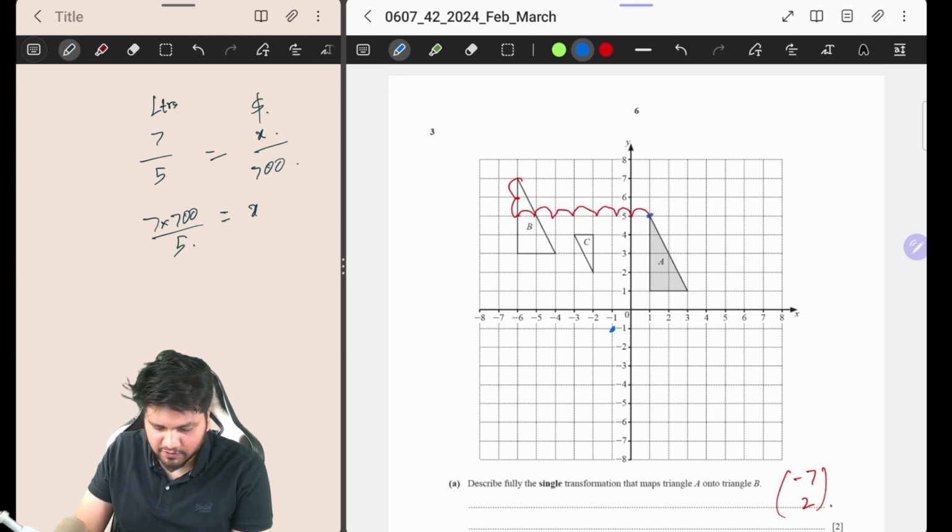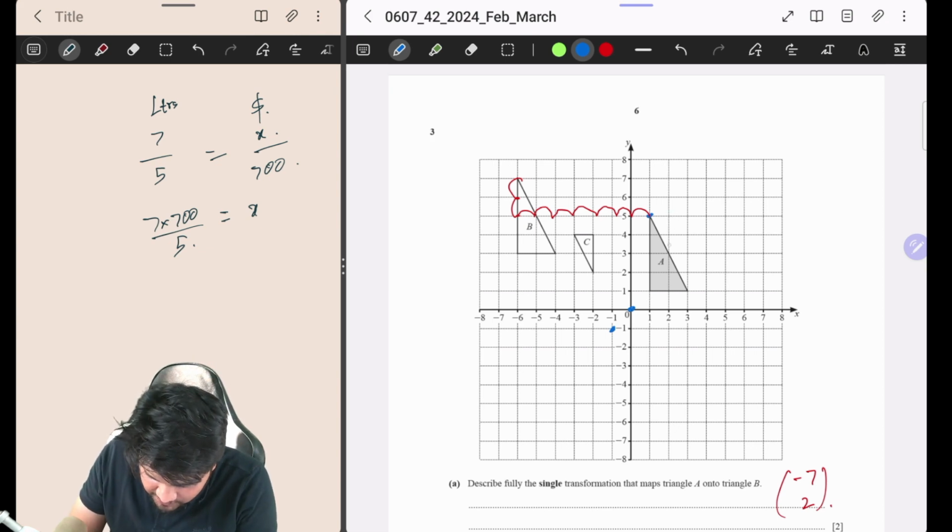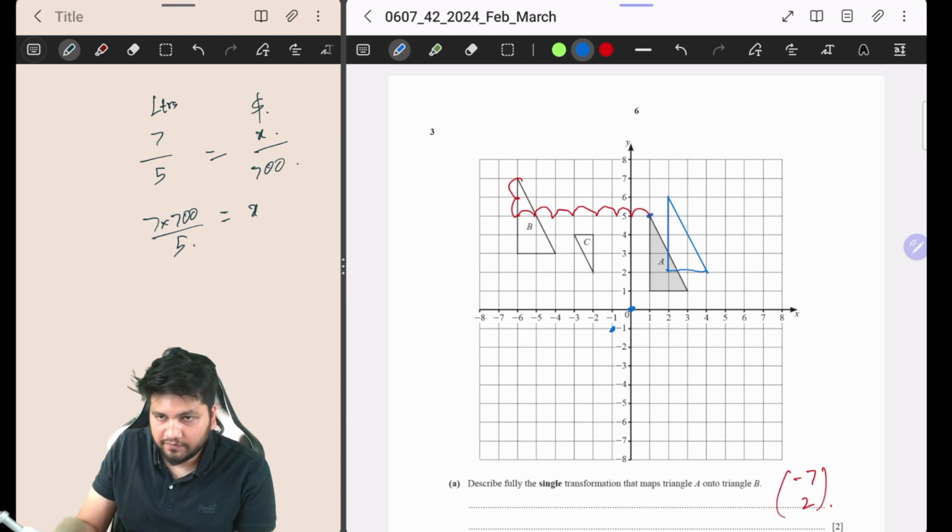There are multiple methods to solve this. What I would prefer, just to get an accurate value, is to shift this point here, one step right, one step up. So this triangle will also be shifted like this. I'm using this because I don't have a compass right now, otherwise I could have used that.